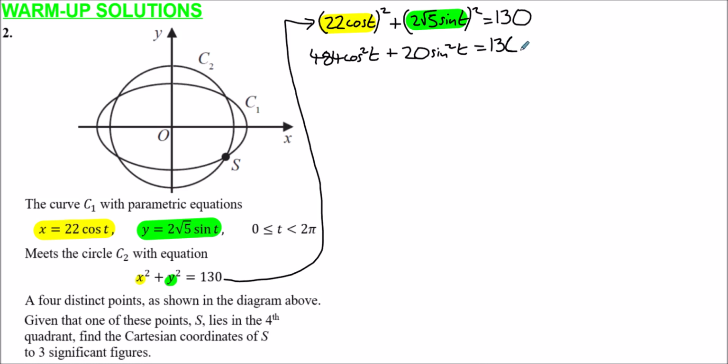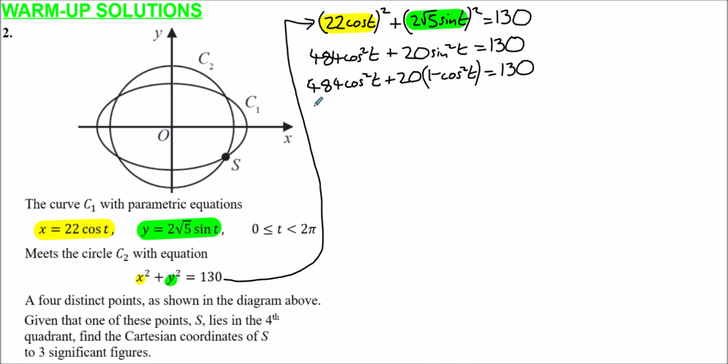I could do this all in terms of sines or cosines, not as a mixture. So I'm going to choose to replace sine squared with 1 minus cosine squared to get it all in terms of cosines. So if I leave 484 cosine squared t as it is, but then the sine squared, using cos squared plus sine squared is 1, I'm going to replace that with 1 minus cosine squared t, which will be 130, of course.